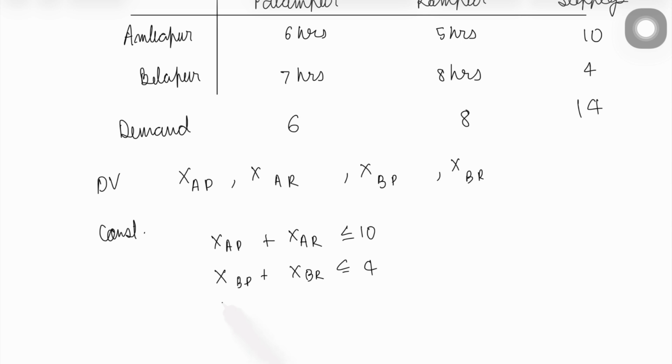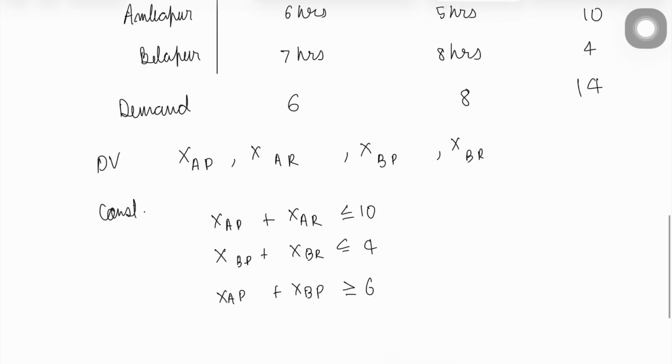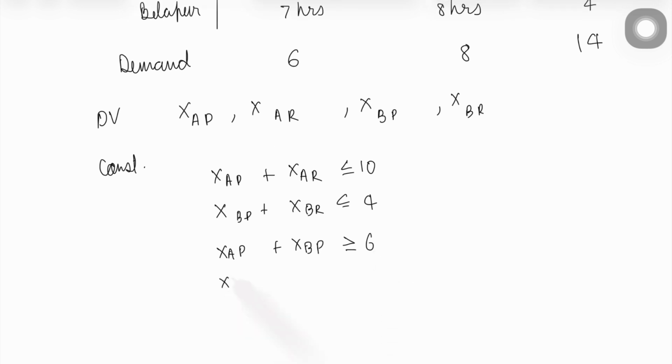Now talking about the demand constraints, Palampur requires 6 truckloads. So from the point of view of Palampur, we have XAP plus XBP should be greater than equal to 6, and XAR plus XBR should be greater than equal to 8.